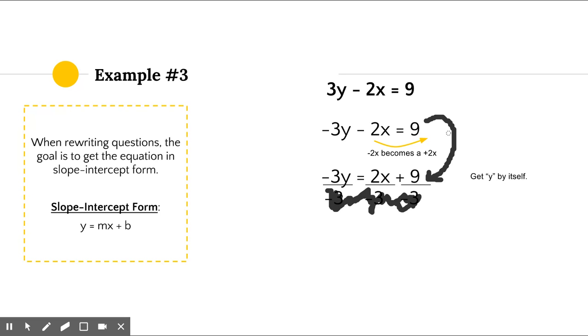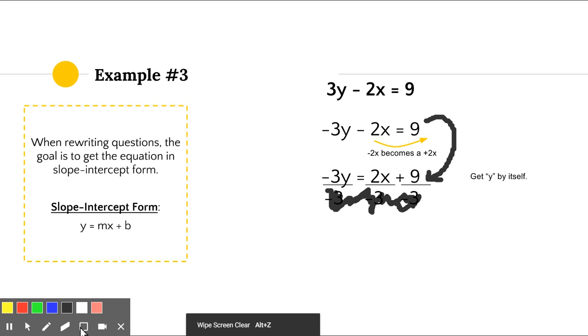Now when you look at this equation and you ignore all the craziness I left below it, you see that the y has a negative 3 attached to it. And when we solve equations, say you had something like 2x equals 4, you would divide by 2 on both sides to get x by itself. And the same thing applies here. If we want to get that y to be just y, we need to divide everything by a negative 3.